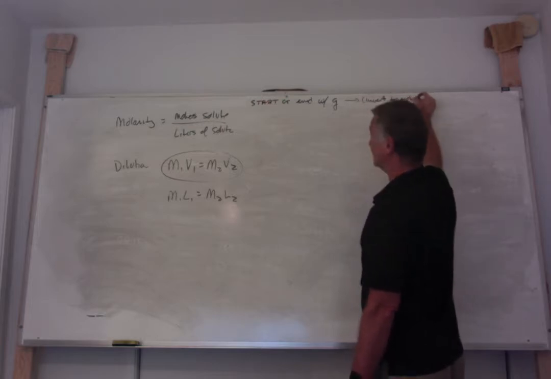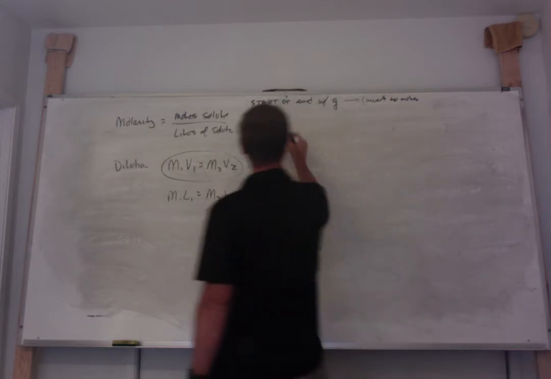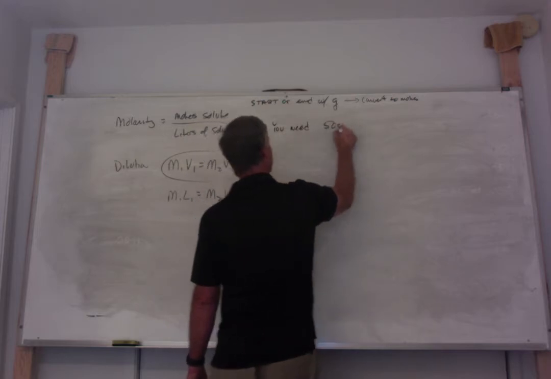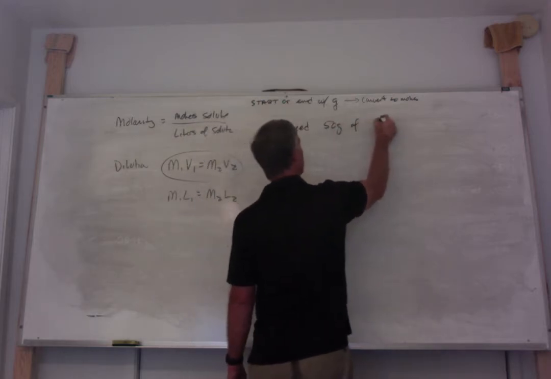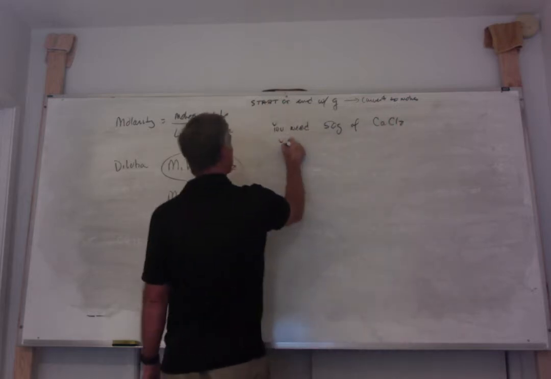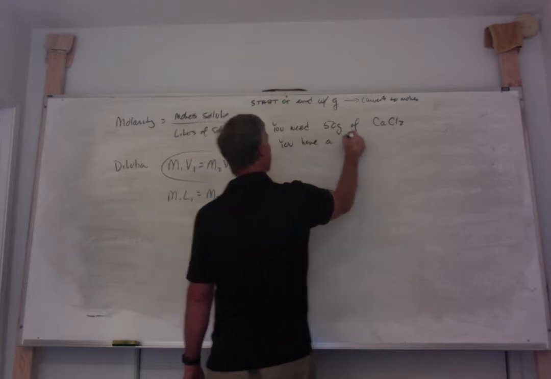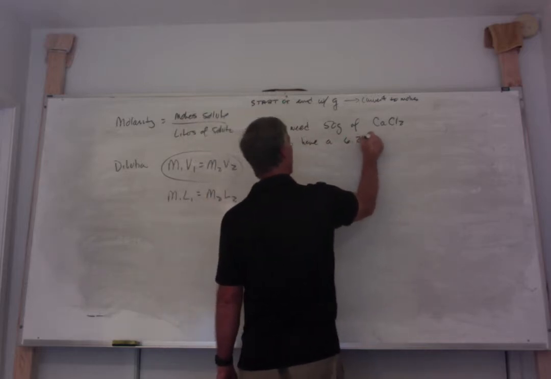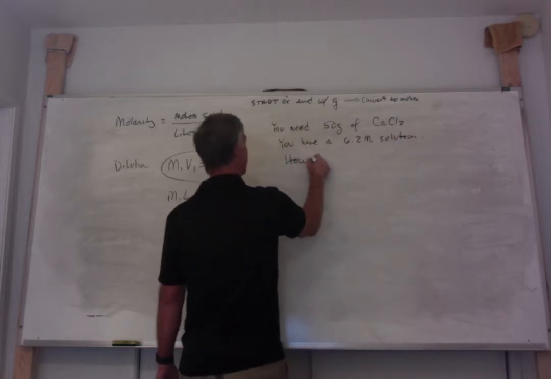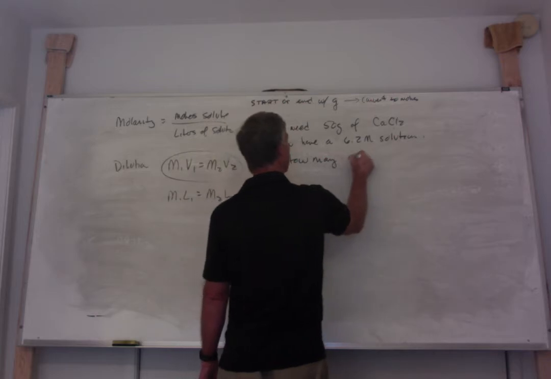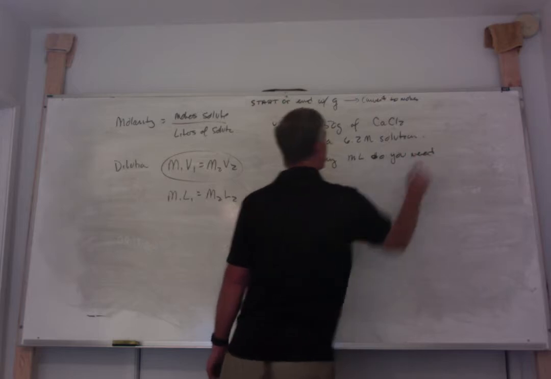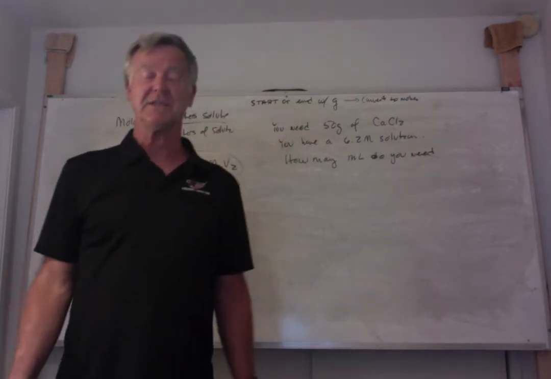So let me just real quickly do a molarity problem. Let's say we had something like this. You need 50 grams of, let's say, calcium chloride. You have a 6.2 molar solution. How many liters or how many milliliters do you need? So when we pour out solution, we're pouring out moles of the solute.